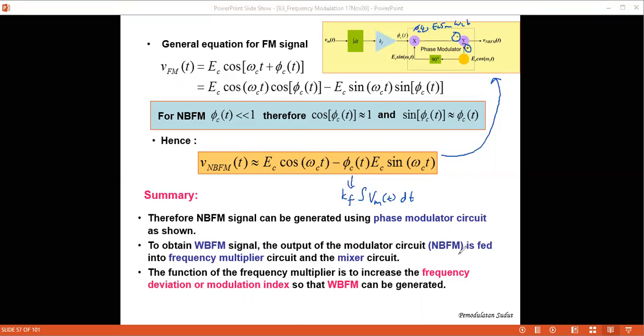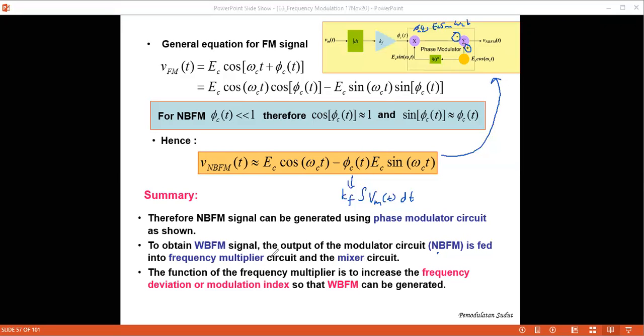So our narrowband FM will then be sent to a frequency multiplier and mixer. The function of the frequency multiplier, like I said previously, is to increase the frequency deviation, the modulation index, and also the operating frequency, but the FM rate does not change. We apply the mixer here in order to reduce the carrier frequency.